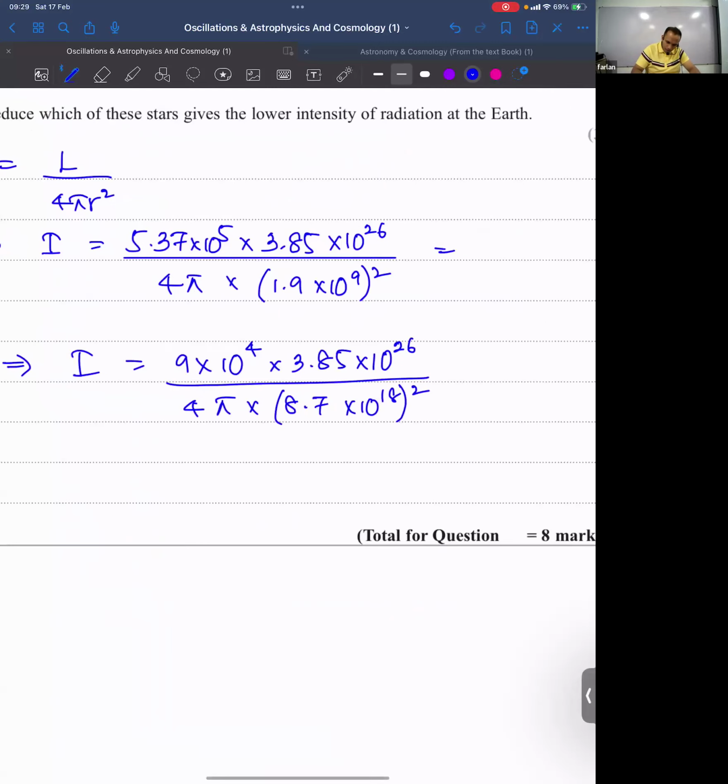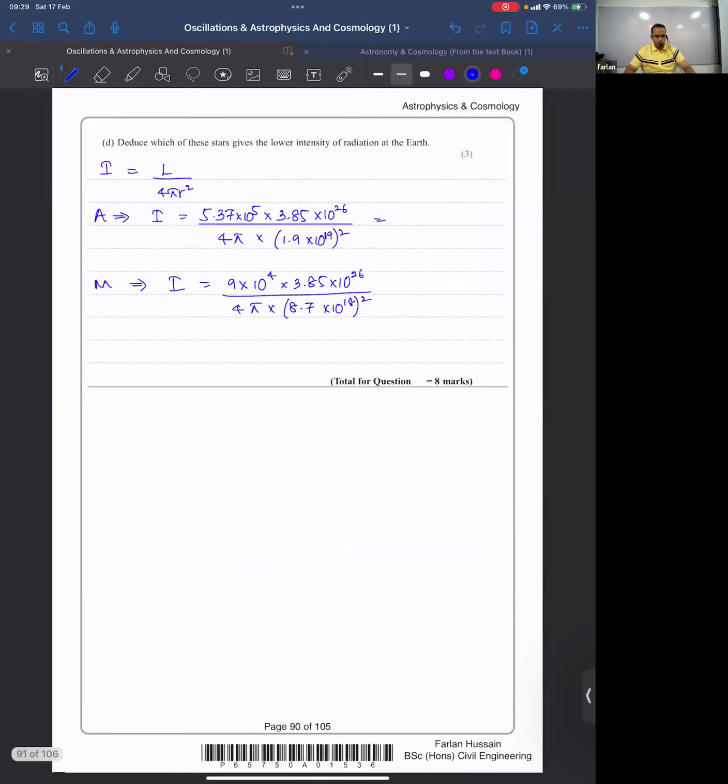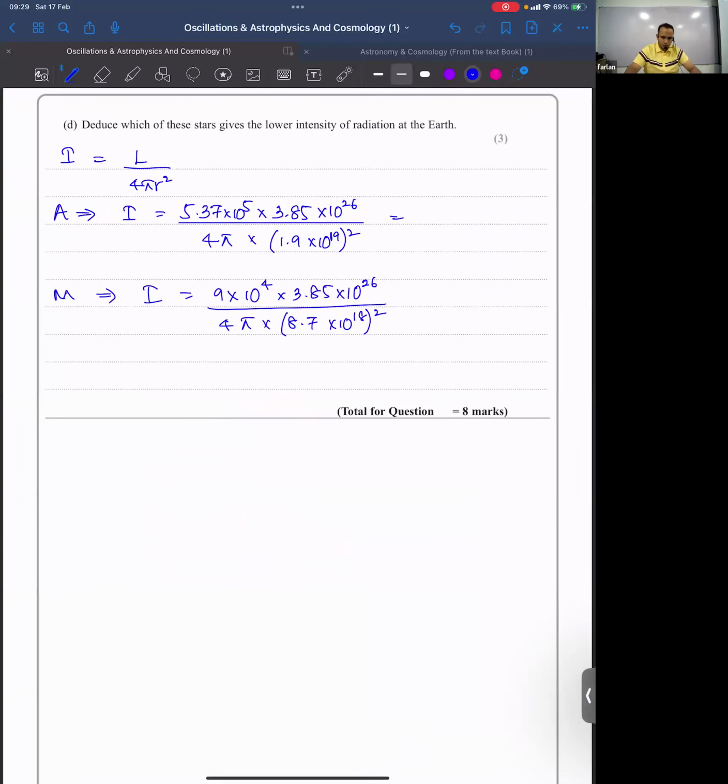Here 1.9 into 10 to the power 19. So this will give you the intensity of the two stars at the surface of the Earth. Correct? Check it.